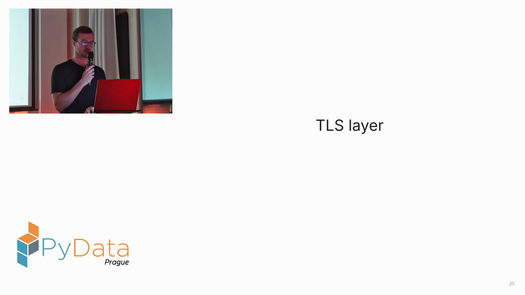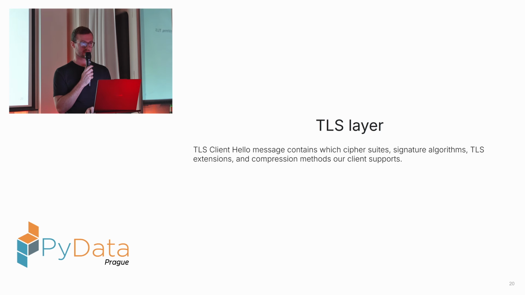It starts even on the TLS layer. After the TCP handshake, our client sends a TLS client hello message to establish an encrypted connection. And even this message contains some interesting information about our client. Specifically, which cipher suites, signature algorithms, TLS extensions, and compression methods our client supports.